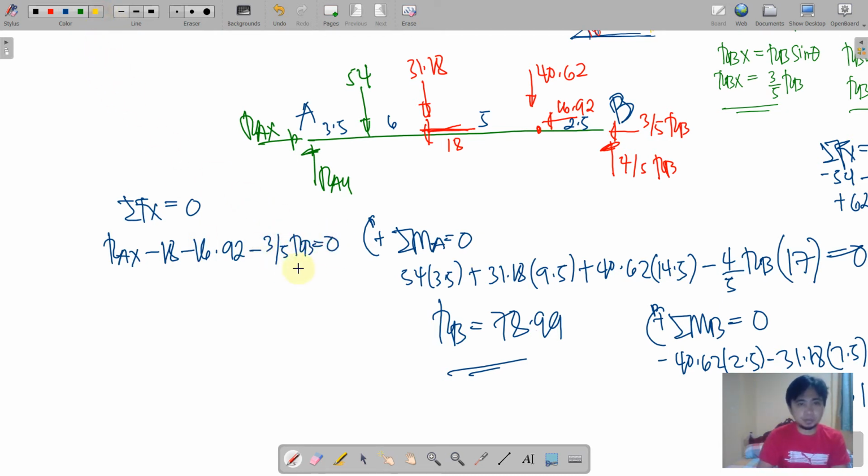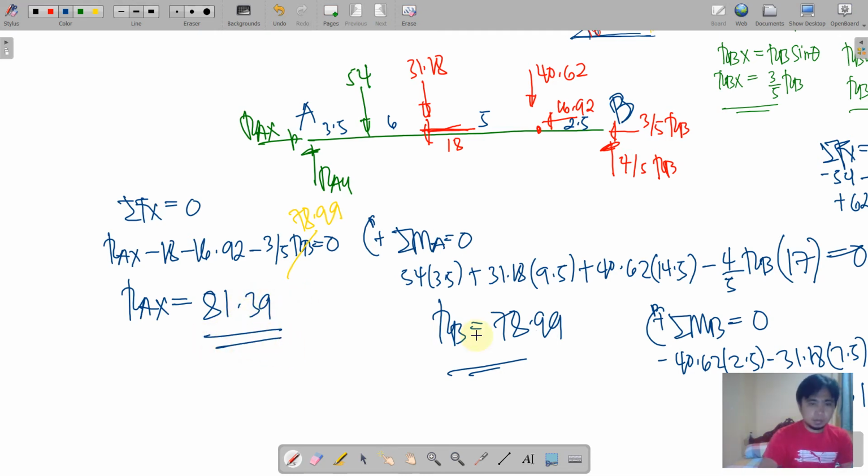So we'll just have to substitute RB here, which is 78.99. So therefore you can now get the value of RAX to be equal to, we have 81.39. Sorry, 82.31. So we have 82.31 as our horizontal reaction.